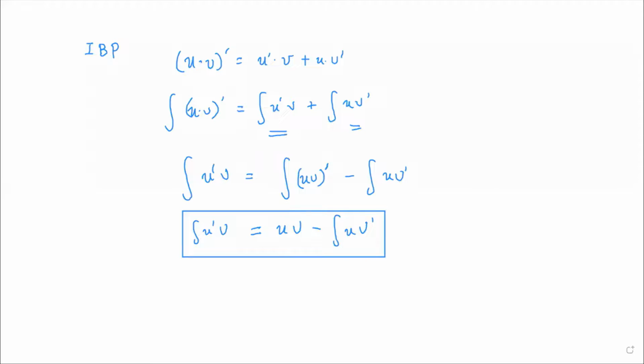All right. Now let's have a look at an example. Let's find the mean of an exponential distribution, lambda times e to the negative lambda x, for x greater than 0.